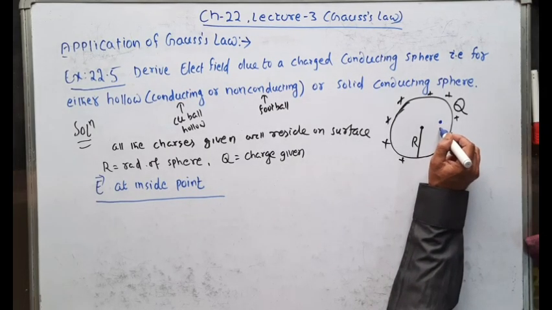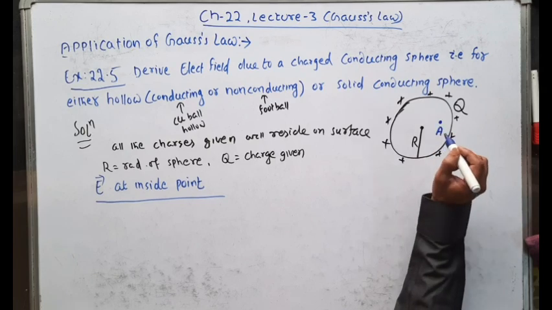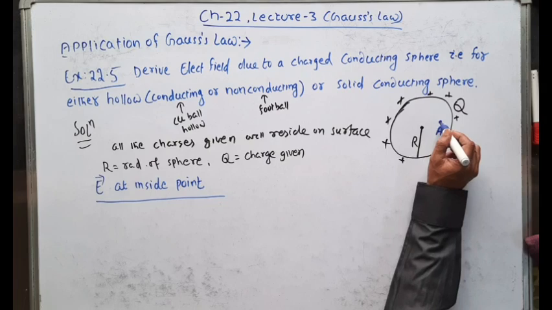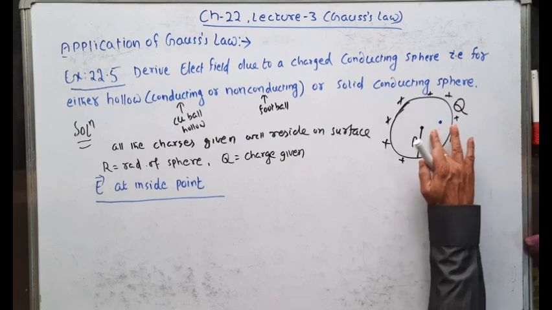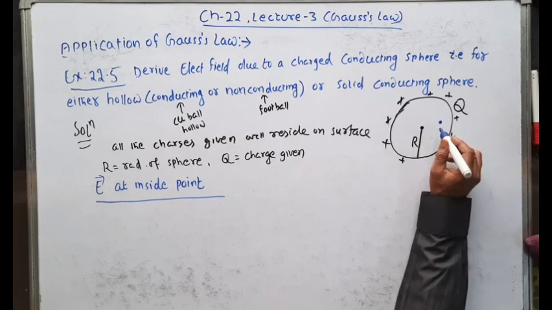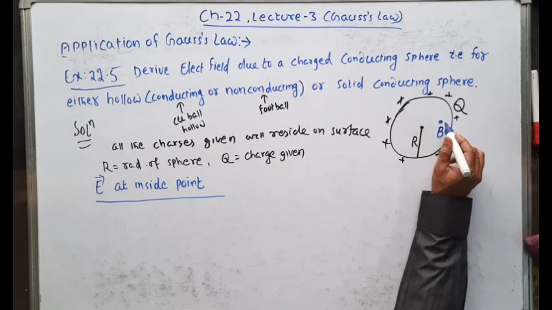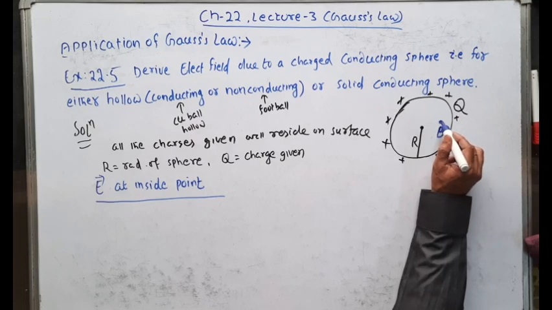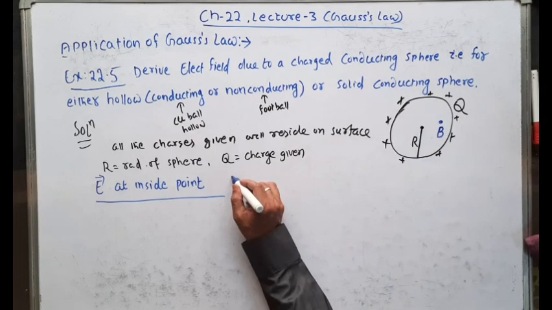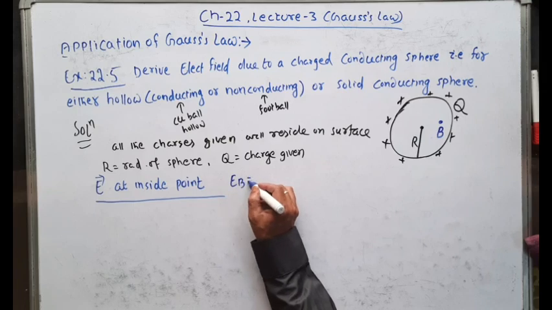I am not calling it A, because A indicates area, so I am taking the point B. B is a point inside the conducting sphere. So we have to find the electric field intensity at point B.